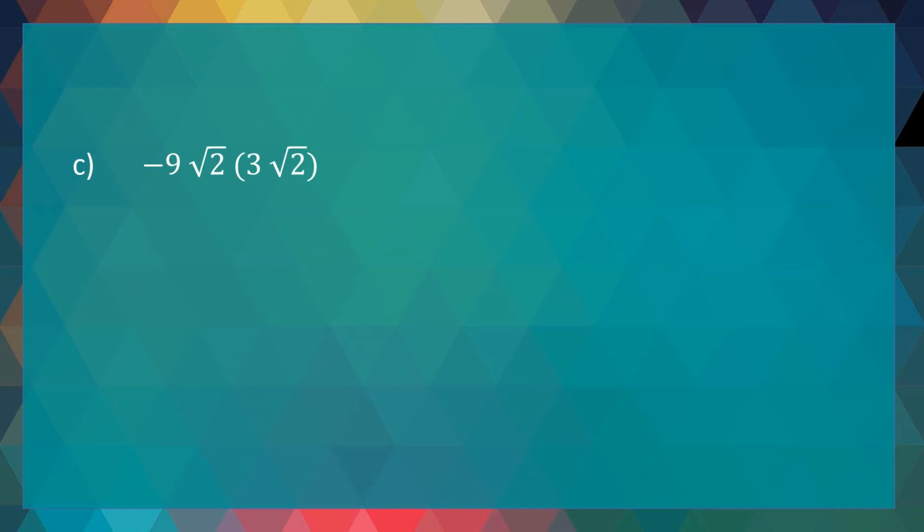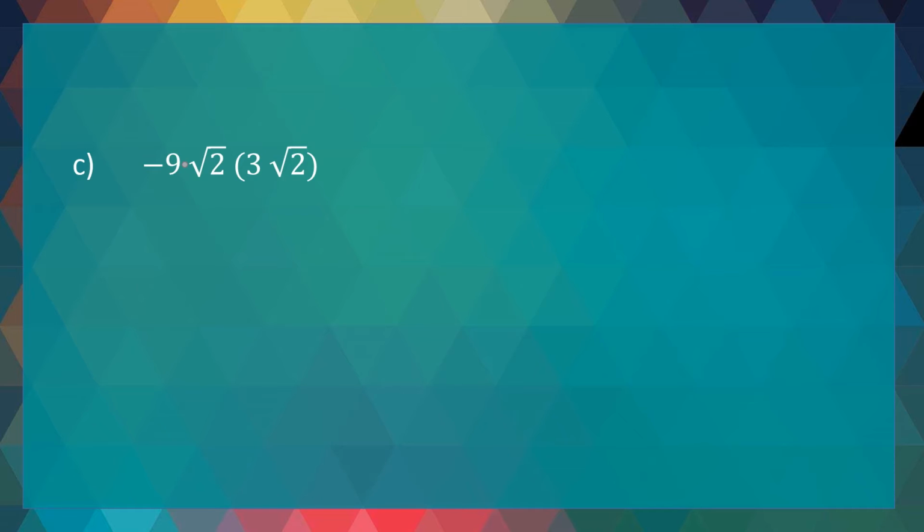C, we have negative 9 square root 2, parenthesis 3 square root 2. Now this one looks a little different in that we do not clearly see a multiplication symbol, but there is one, because the negative 9 square root 2 is touching the parenthesis, which does imply multiplication. Now looking from left to right, we notice negative 9 is touching square root 2.